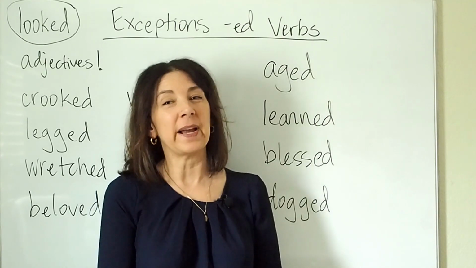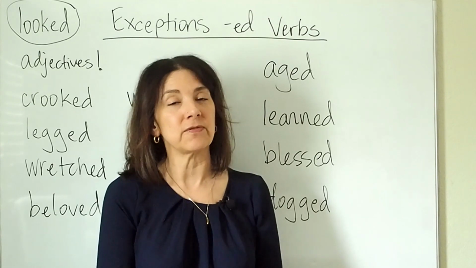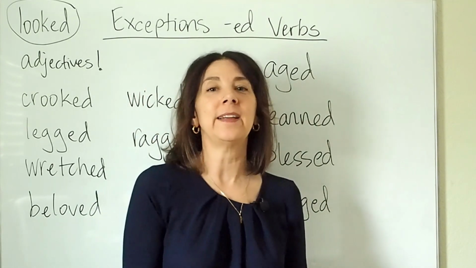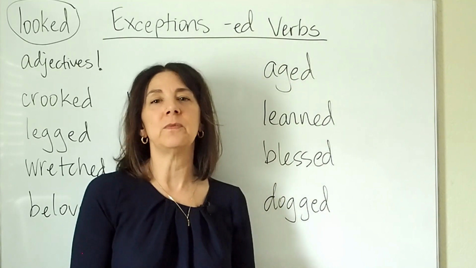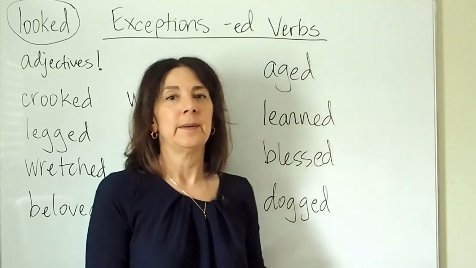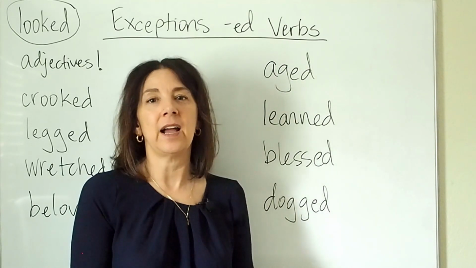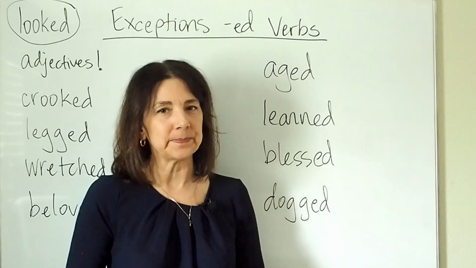But this is quite old-fashioned and it's not used very often. Think about a fine aged wine or an aged cheese. We would just use aged. But here, aged can be used to describe an elderly person, but again, it's not common.